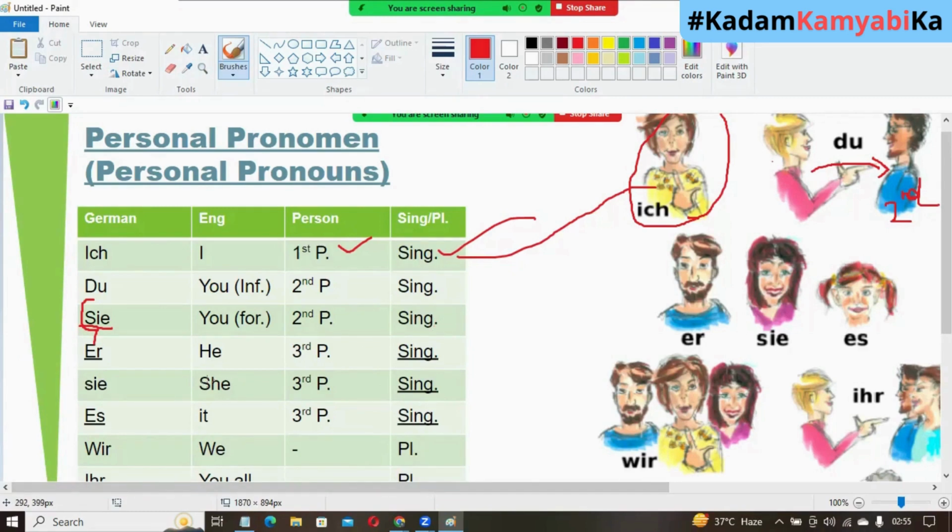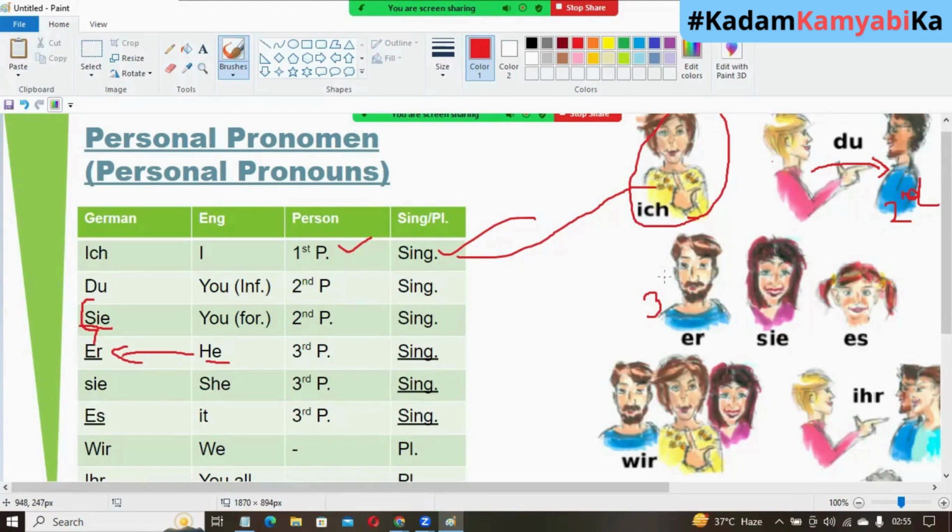Now, if two people are talking about a third person who is a male, in English we refer to it as he, and in German we call it er. Er. That means two people are talking about a male person, so we are referring to the third person here, and he is male and singular in nature.